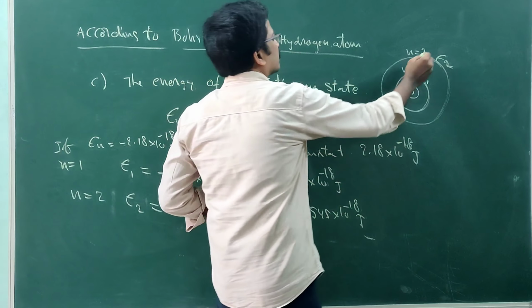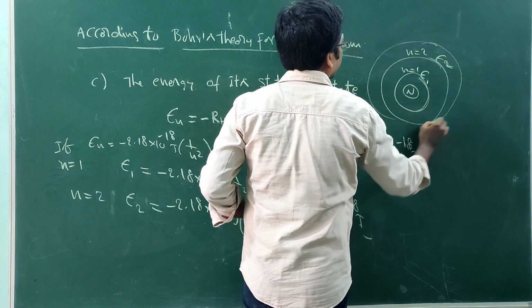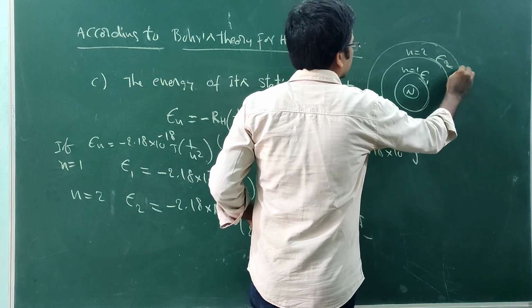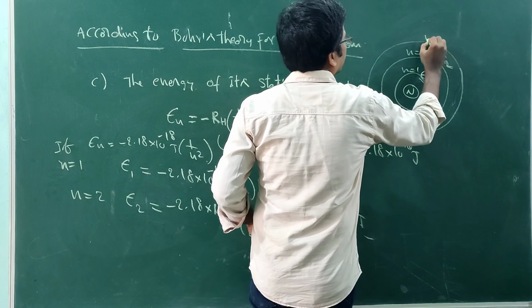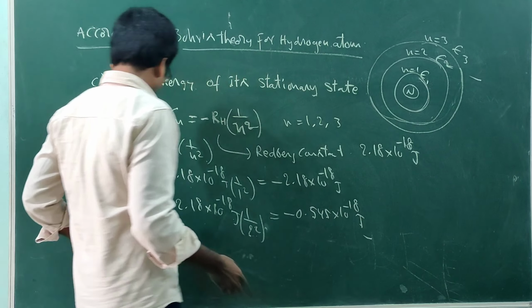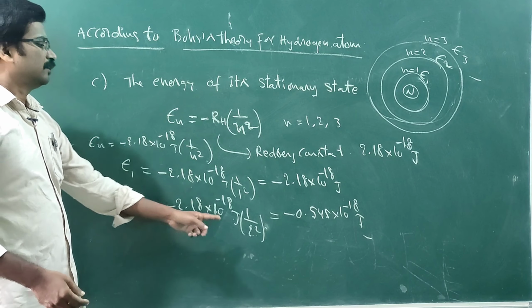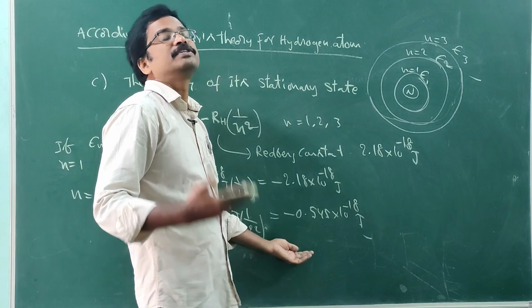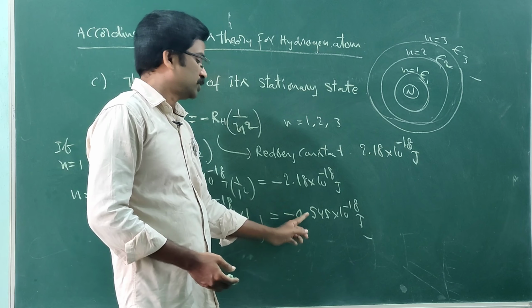Next, the next level is n equal to 3. You may calculate E3 also. By putting 3, you can get this value, which is very much bigger compared to these two.